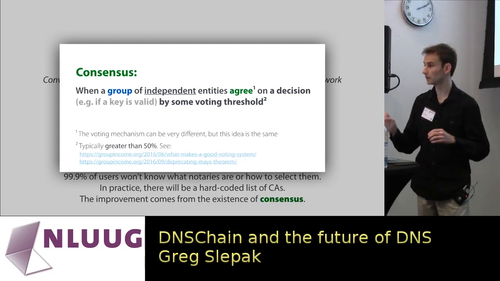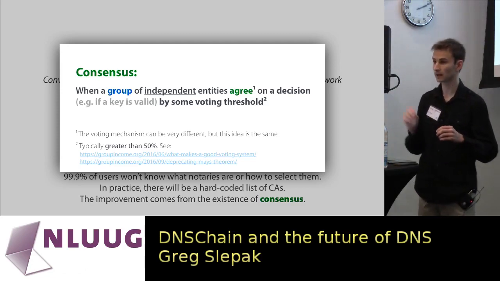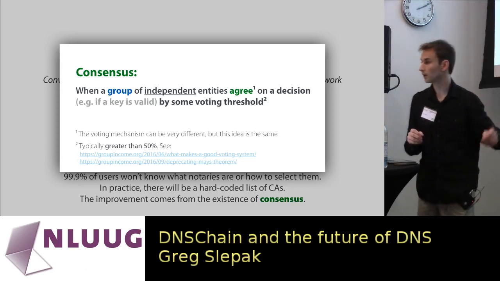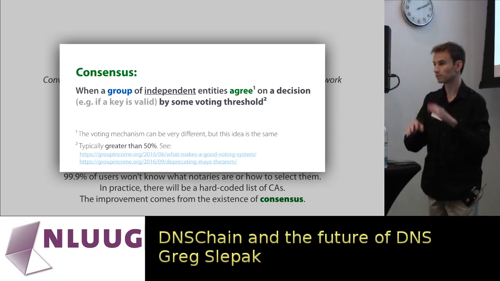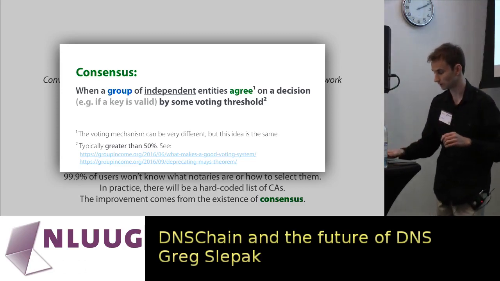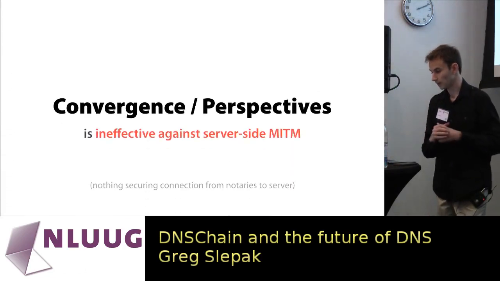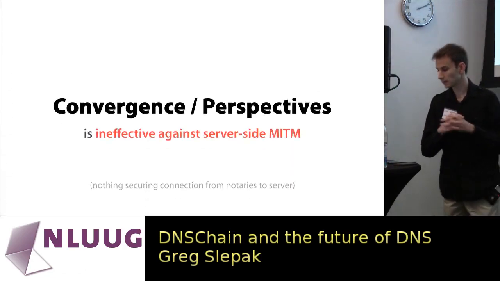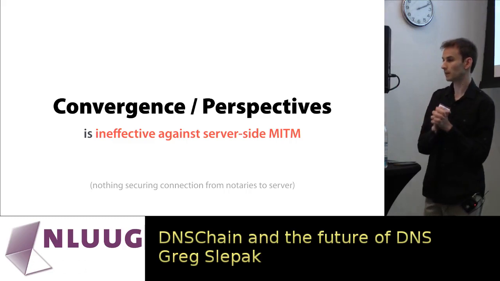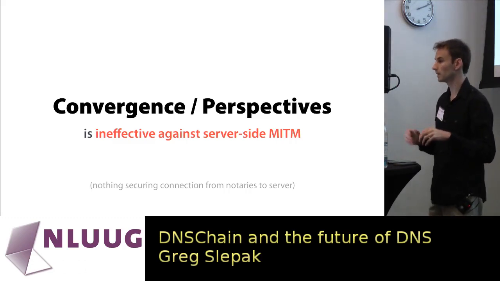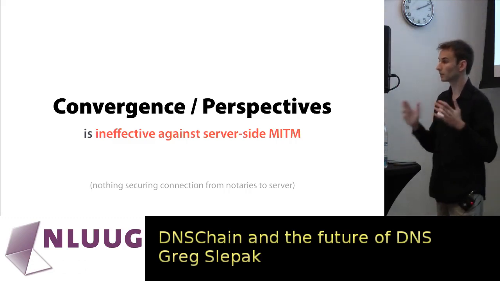If you're interested in voting thresholds, I highly recommend checking out these slides later on and visiting these 2 links, or just going to the Group Income blog. We put a lot of time and thought into research on that topic. Another issue with Convergence is that it's not effective against server-side man in the middle. That's where there's a man in the middle between the server and the rest of the world.